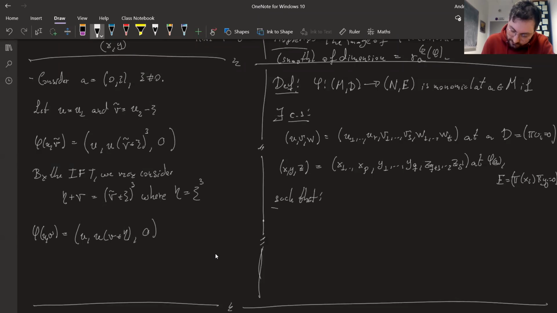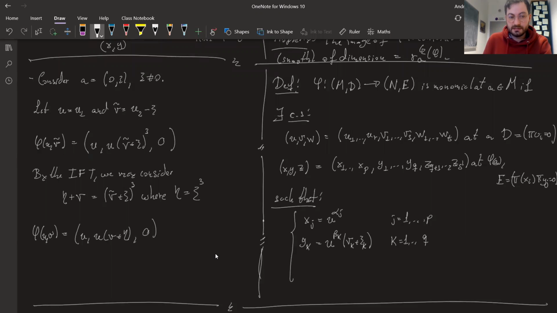Such that, and now we have what we want, the normal form that we expect. x_j is equal to u to the power alpha_j, j equals 1 up until p. The y_k are going to be of the form u to the power beta_k times (v_k plus c_k), k equals 1 up to q.